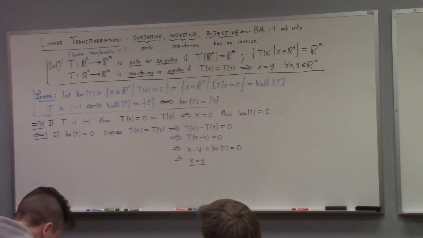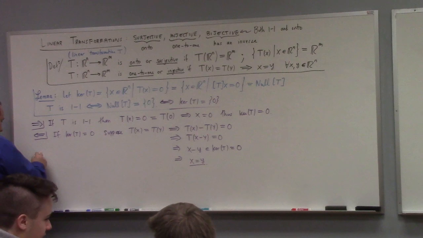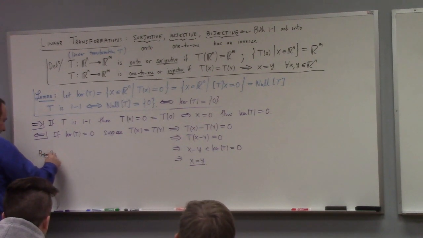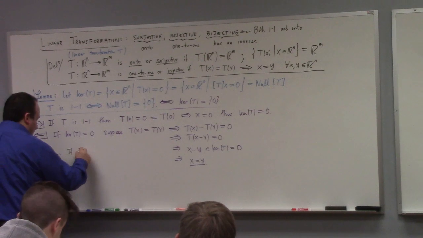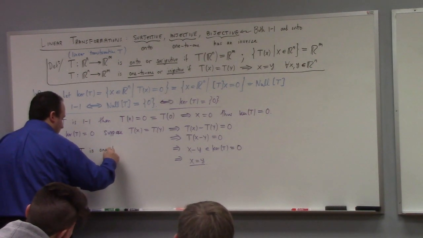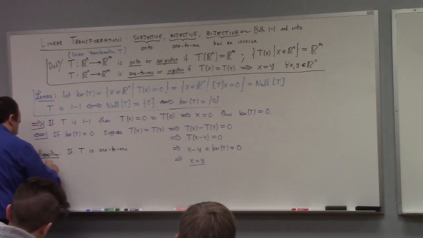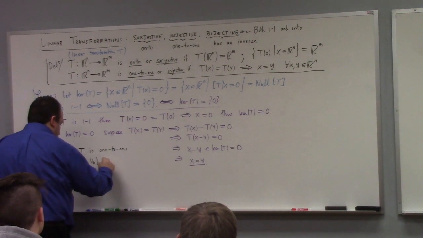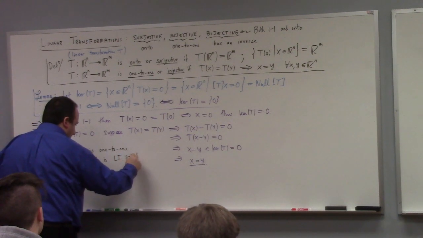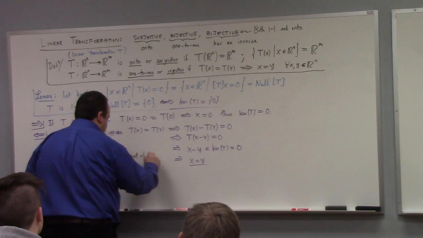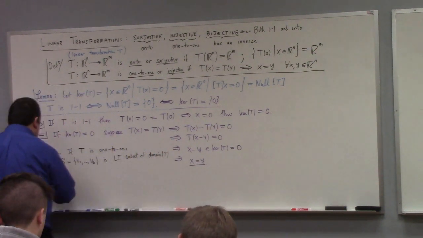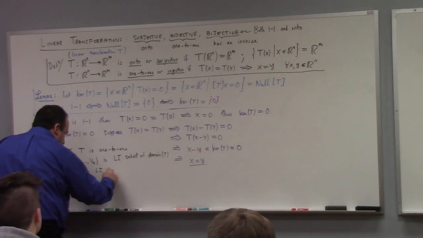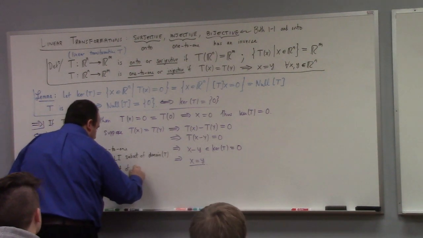Okay, so here's a similar proposition. If T is 1 to 1 and S equals, say, v1 through vk is a linearly independent subset of the domain of T, then T of S is a linearly independent subset of the codomain.